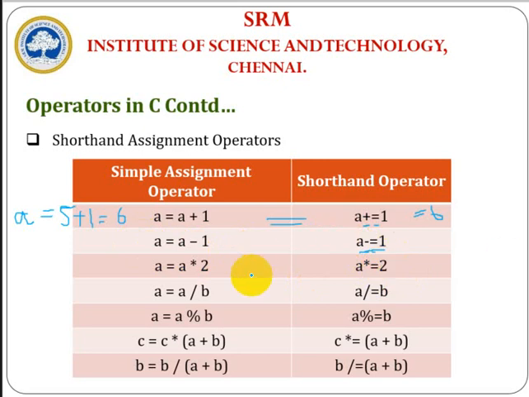Here we have given a *= 2, which means a = a * 2, then a /= b means a = a / b, and a %= b means a = a % b. These are all called shorthand operators. Either you can write it the long way, or you can use the shorthand operator.